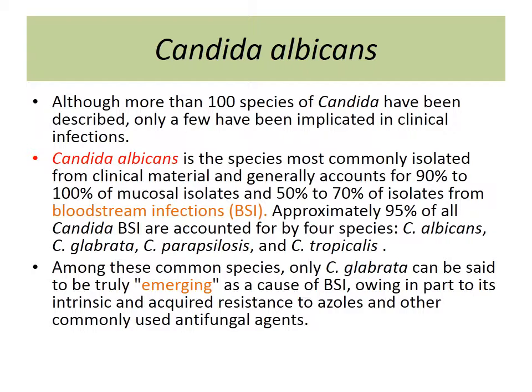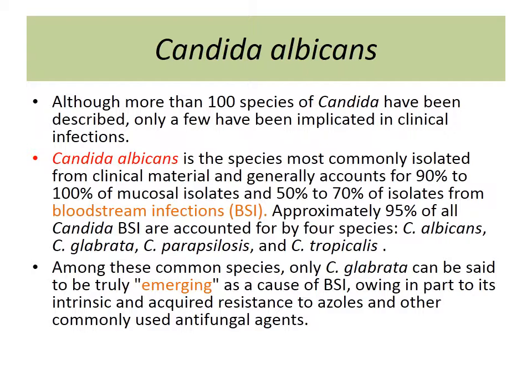Parapsilosis and tropicalis. These are some weird names that you may have to remember, and I'm going to give you a little bit of clinical aspect for that. Candida albicans, Candida glabrata, Candida parapsilosis, and Candida tropicalis.